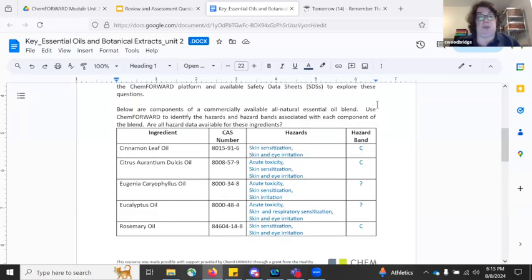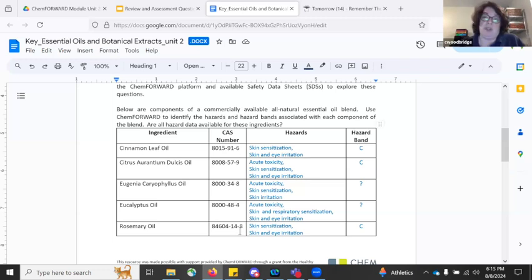So these are the components found in a particular essential oil blend. Some of the pieces, it's hazard band C, that's not great, it's not terrible. So those are acceptable, but some of these are unknown. So maybe that's not terrific. Okay, so again, getting your students to look up, the CAS numbers are given.